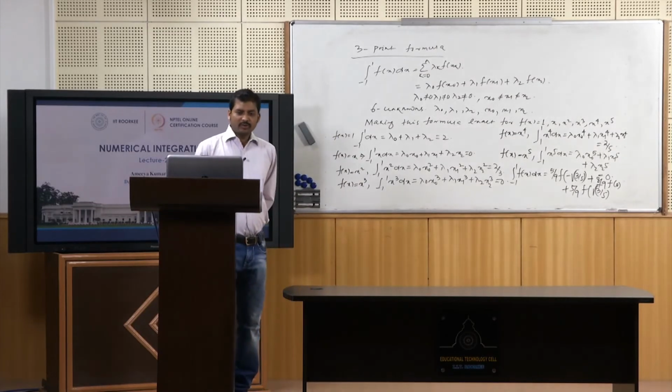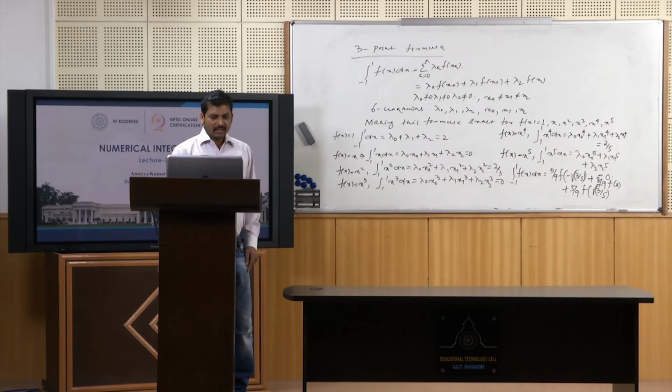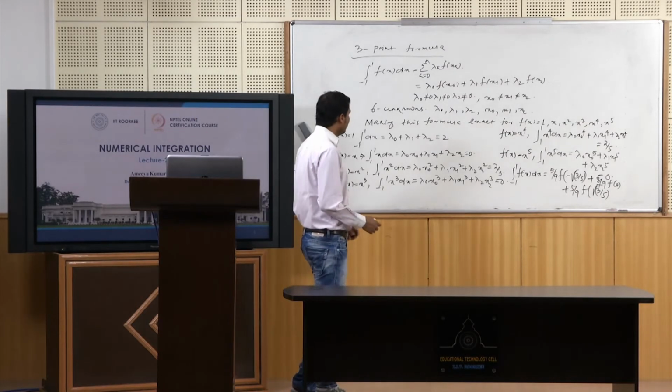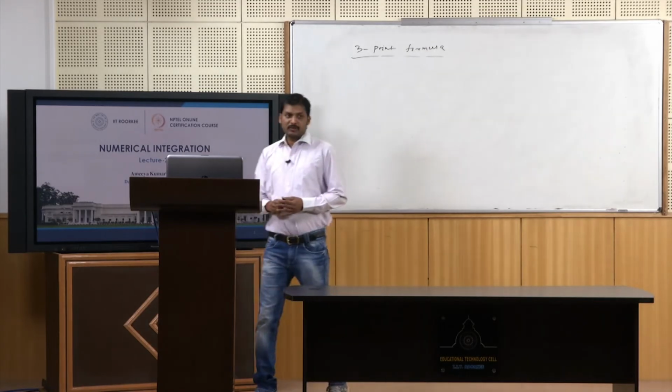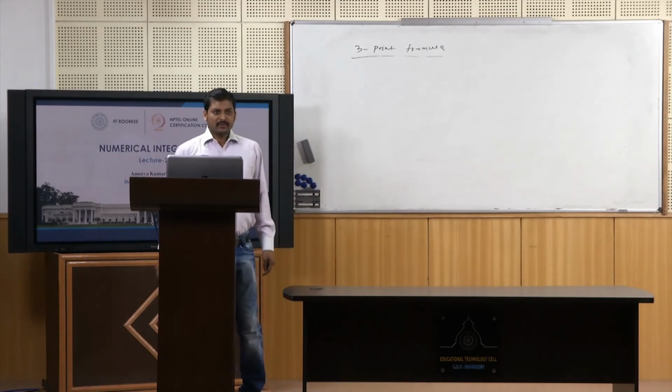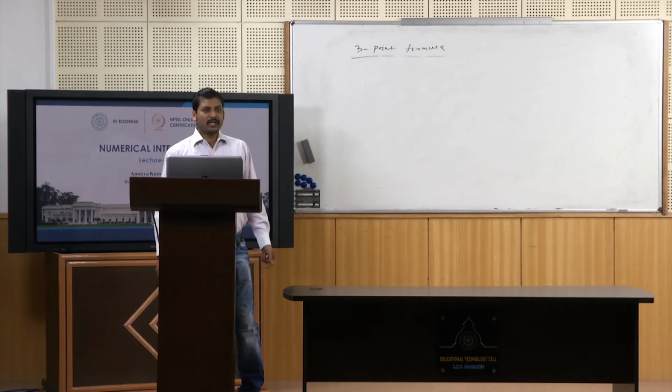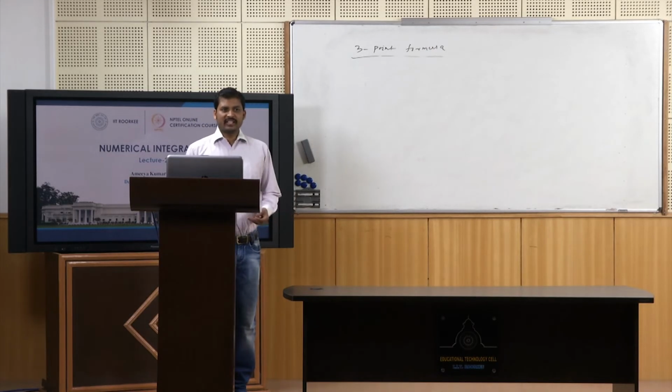So, if you go for this error computation, your error computation can be written in the form of C. The formula provides the exact result for a polynomial of degree 5 here, then the error term can be obtained for a polynomial of degree 6 here.